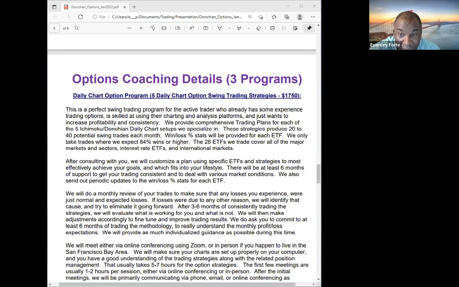Let's do some really quick math. If you place 20 trades and risk $1,000 per trade, on 3 trades, you will lose $1,000. That's minus $3,000.